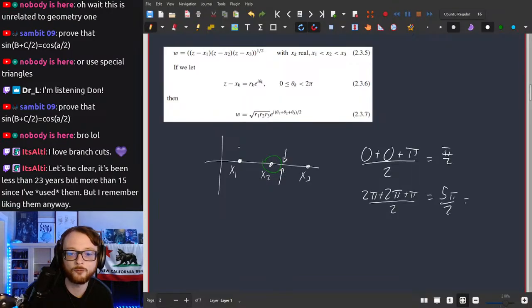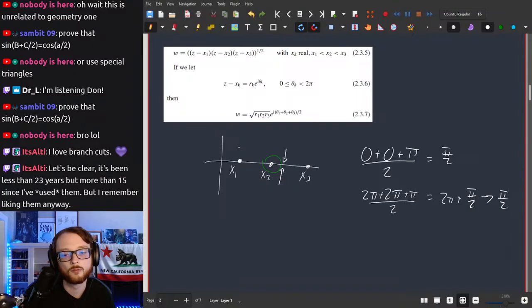So we get 5 pi over 2, or I should think of it as 2 pi plus pi over 2. And so it's just going to get sent to pi over 2. Okay, so that's why we don't get an issue for this part. That's the thing that I really wanted to figure out there, because we get the same issue twice, which actually fixes it. Funny enough.